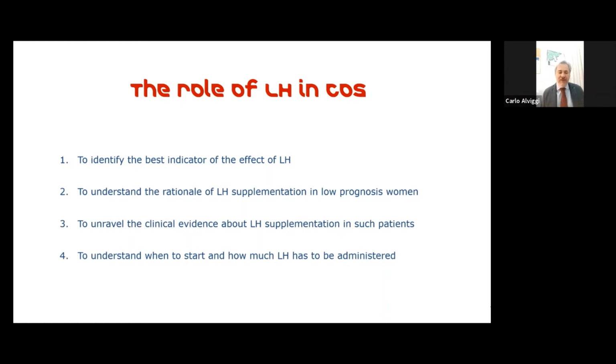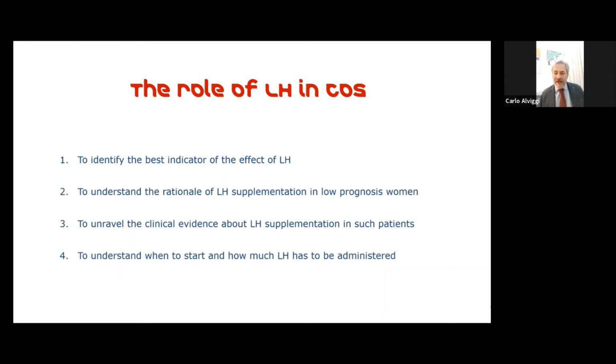Or if we give LH in poor responders in general, we run the risk of not understanding if it really works. So if we understand in which subgroups of patients exogenous LH, in particular recombinant LH, is more effective, we have a nice opportunity for understanding how we can really tailor therapies.